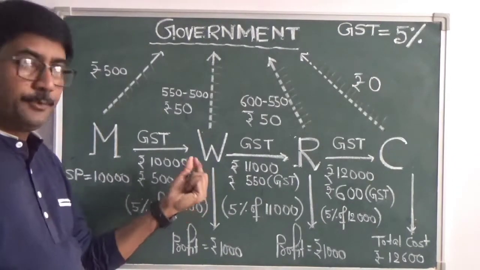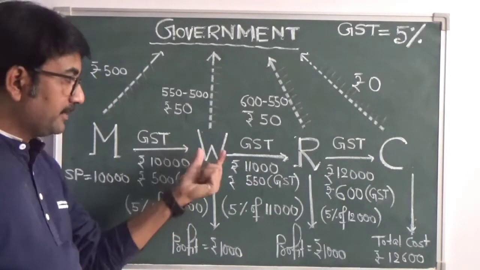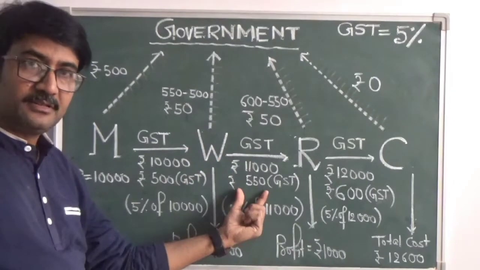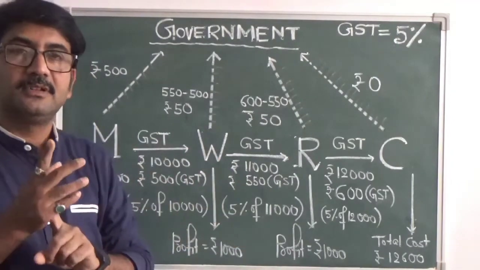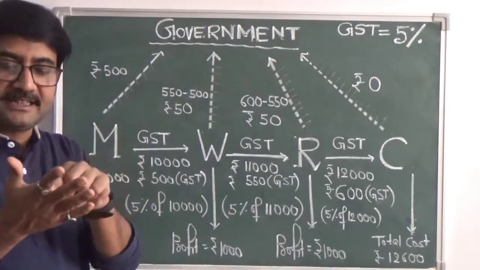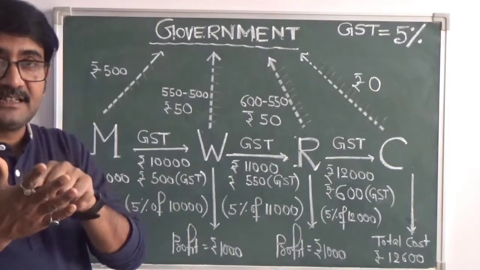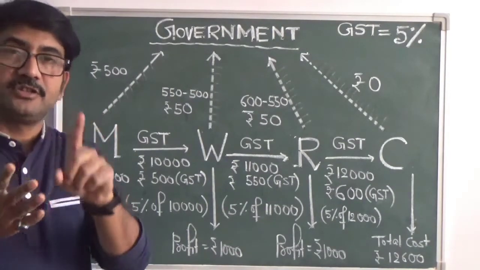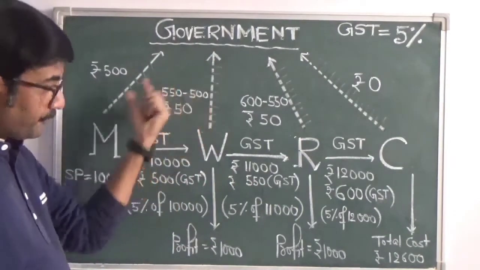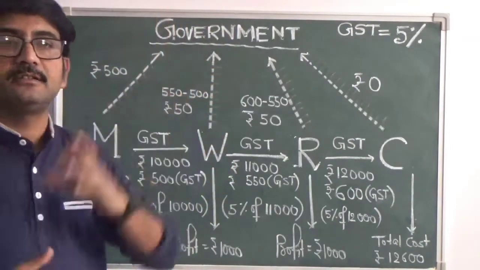The wholesaler's input tax, the tax which he has paid, is 500. The wholesaler's output tax, the tax which he has collected, is 550. The difference of these two, output tax minus input tax, or tax collected minus tax paid, is the GST. So 550 minus 500, that is 50 rupees, is the amount of GST to be paid by the wholesaler to the government.